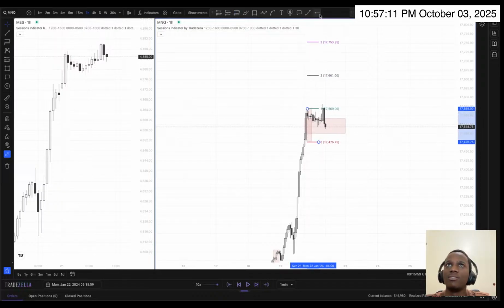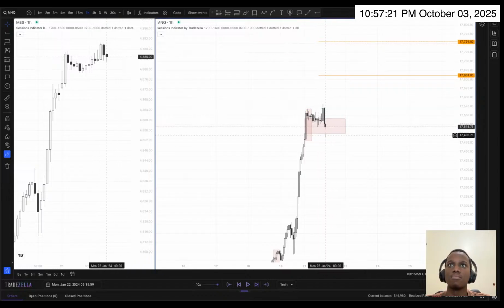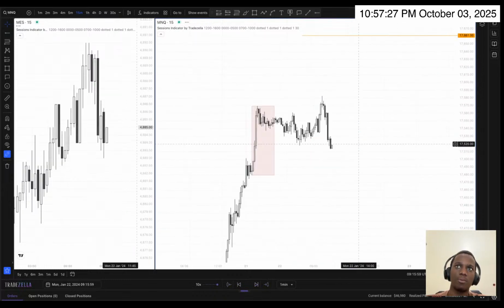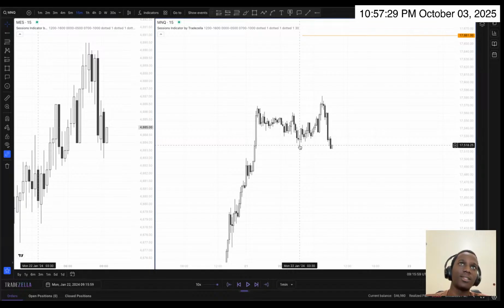Very good standard deviation targets. We got second and third. So we remember in a 1 hour gap, we've run this low here. We have some kind of SMT.